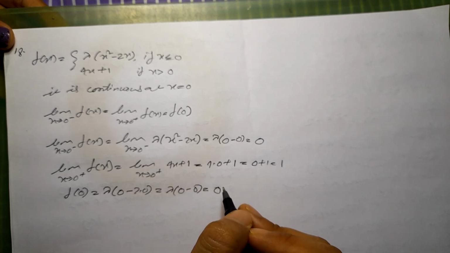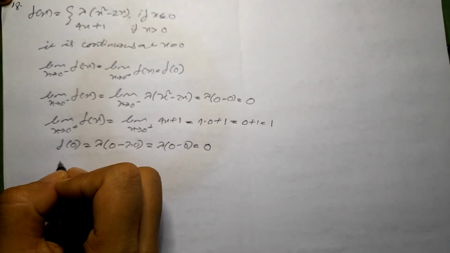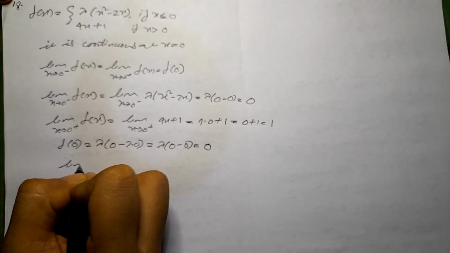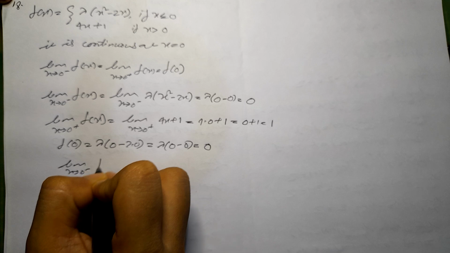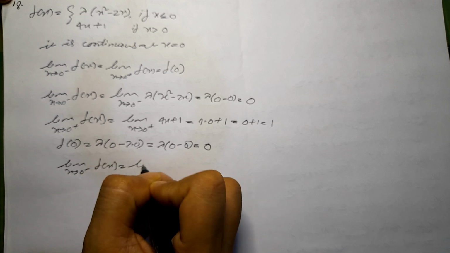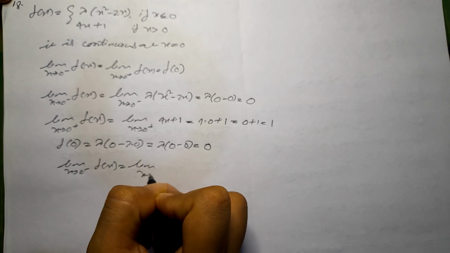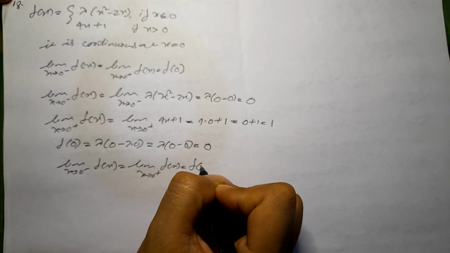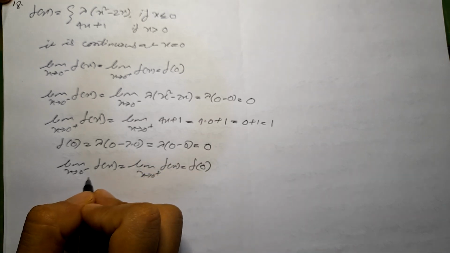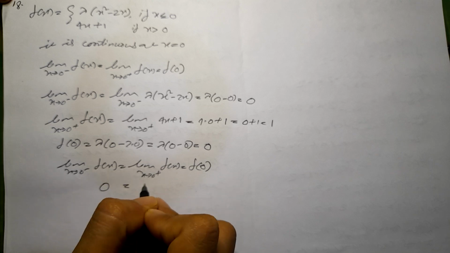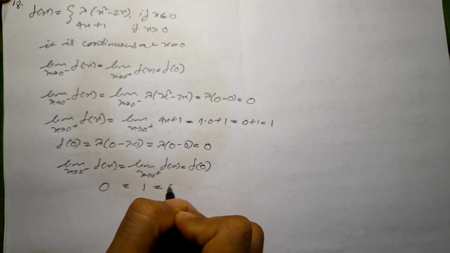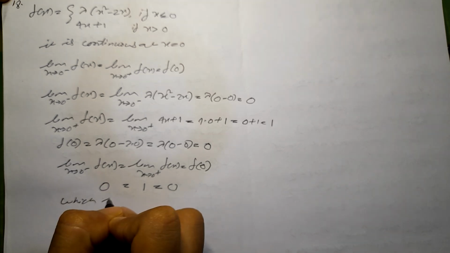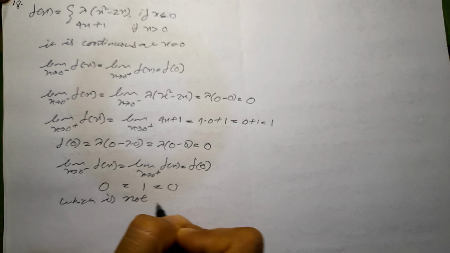So the left hand limit, the right hand limit and f of 0 should be equal. The left hand limit gives 0, the right hand limit gives 1, and f of 0 gives 0. So there is no value of lambda, which is not possible.